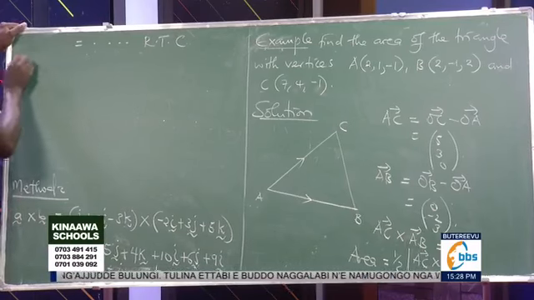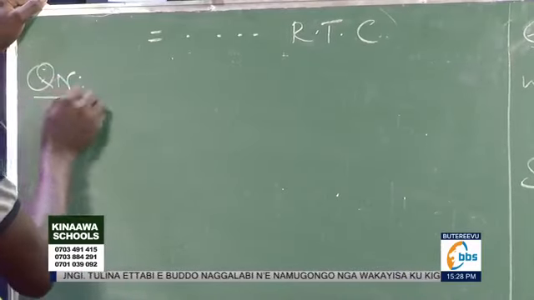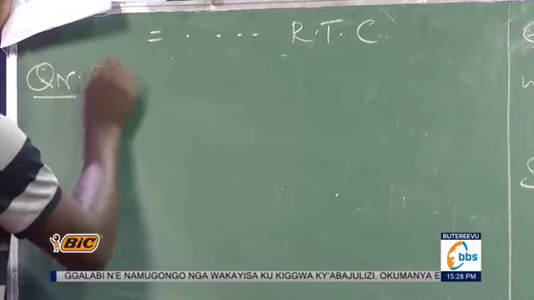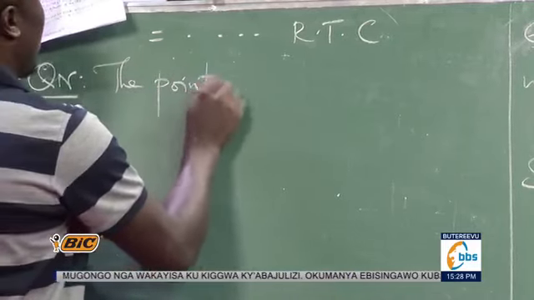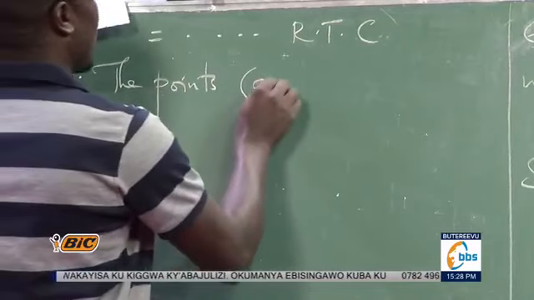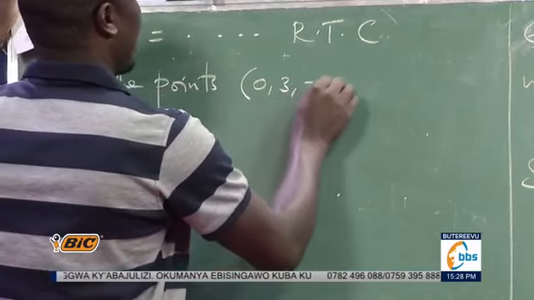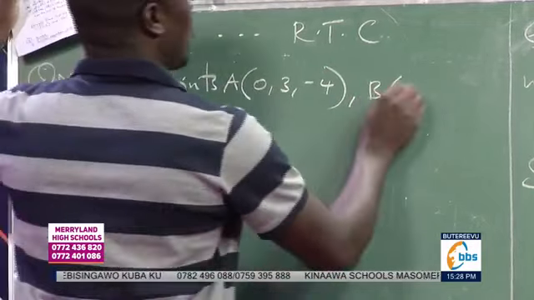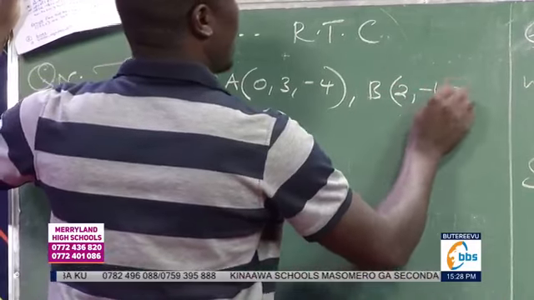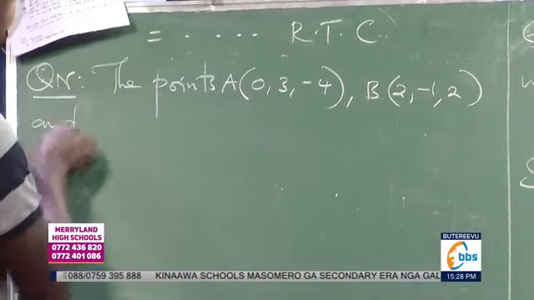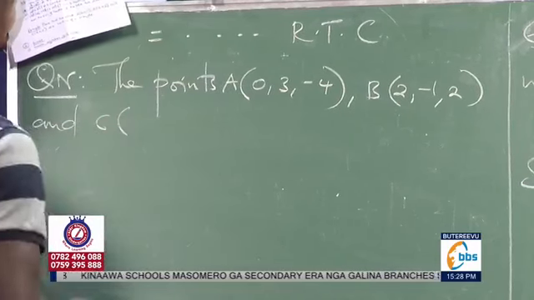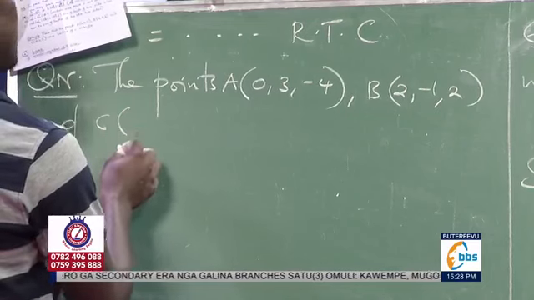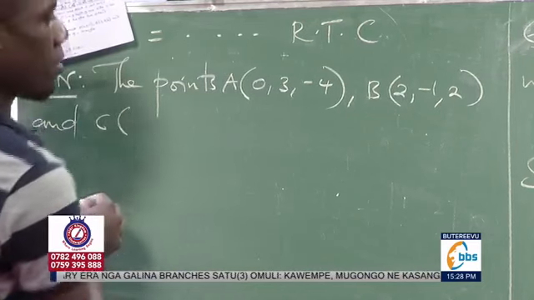I should give you a question to try out in your free time. The points A, which is 0, 3, -4, B, which is 2, -1, 2, and C, which is 7, 4, 0, 3, 4.